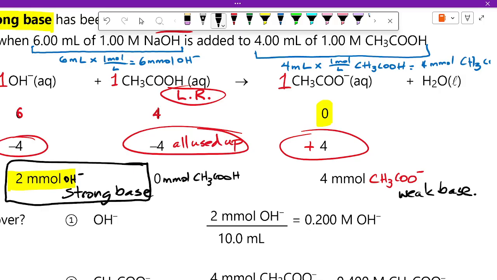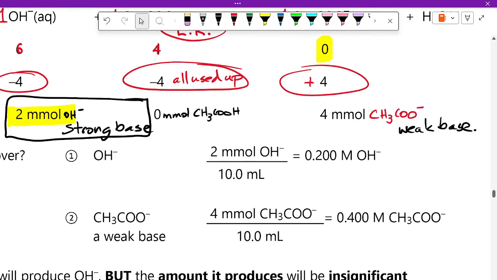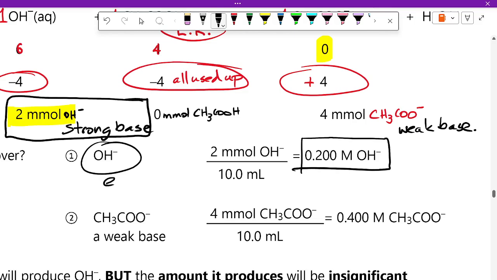But anyway, here are our concentrations. So we have 2 molar OH minus from our excess OH minus. That's 2 millimoles in our total volume of 10 milliliters.